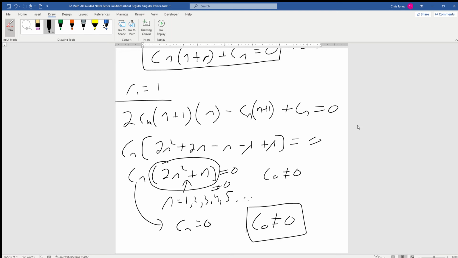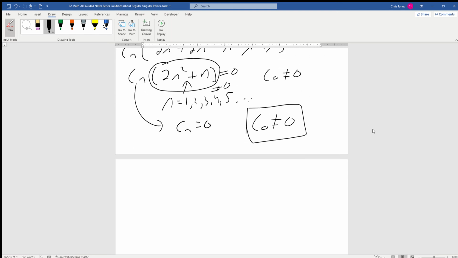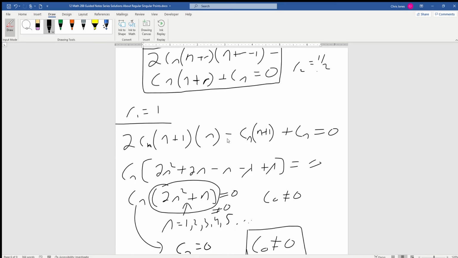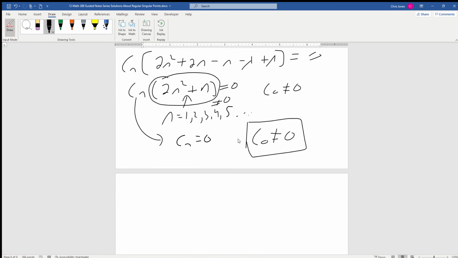So basically, let's hold on to this. Our solution, remember we plugged in 0 before? So now we can say that, at least when r is equal to 1, let's make that apparent: when r equals 1, the only valid solution is when n equals 0.